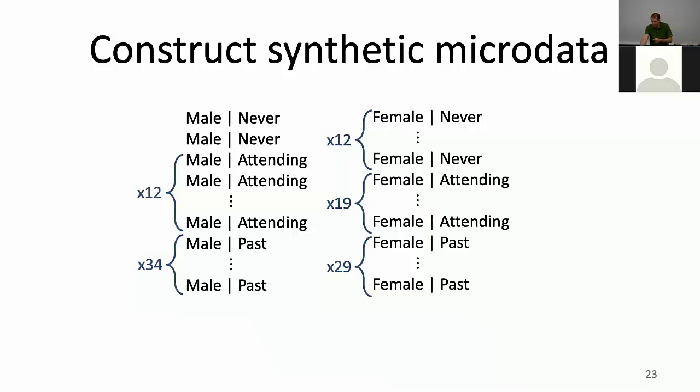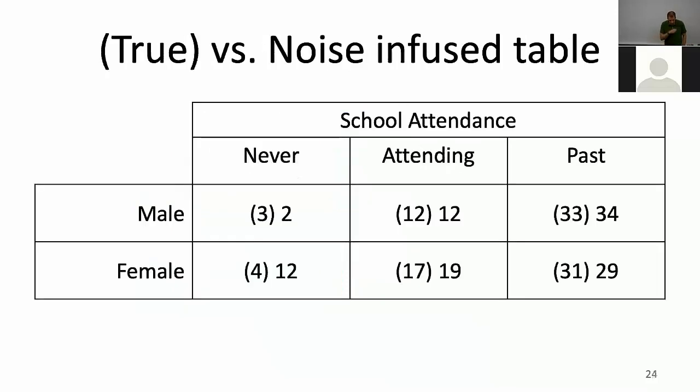We've created 8 extra people, and we may have done a little bit of tweaking to the magnitude of those other cells. So there is no longer that one-to-one relationship. If we look at the true values versus the noise-infused table, again, just revisiting that, you can see that the values can stay the same, but they can also change quite dramatically. And as we worked through this, we were like, oh, this could have major implications for research and policy purposes.